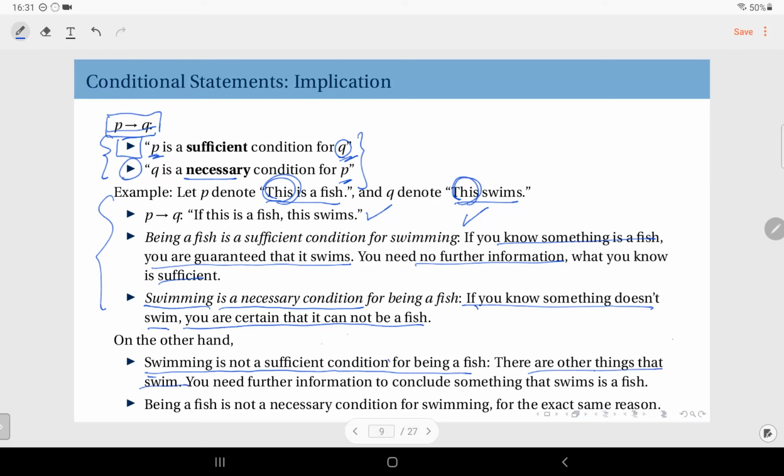You need further information to conclude something that swims is a fish, because there are other things other than fish that can swim, right? So that's not a sufficient condition. Similarly, being a fish is not a necessary condition for swimming. Again, that's for the exact same reason. There are other things that can swim apart from fish. Okay, so this is the concept of sufficient and necessary conditions.